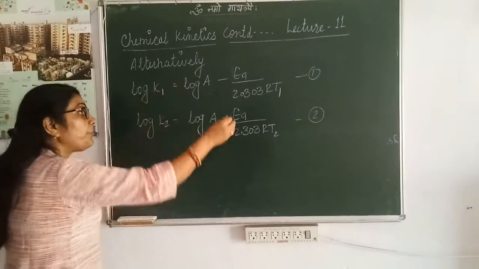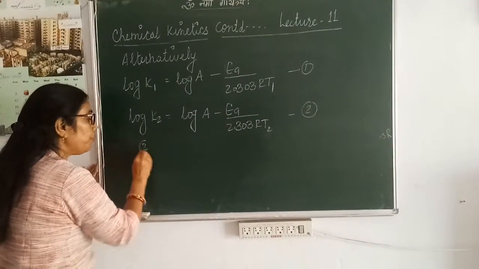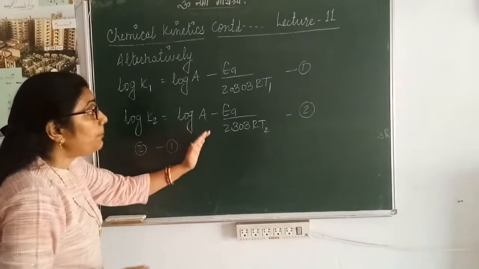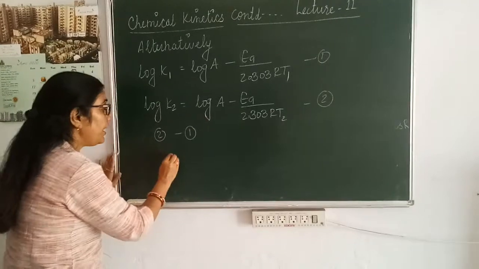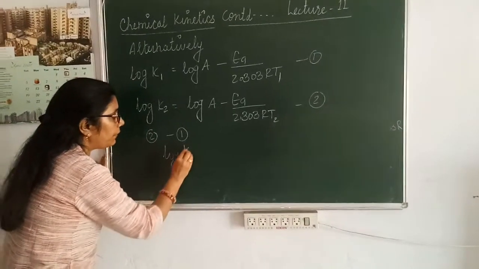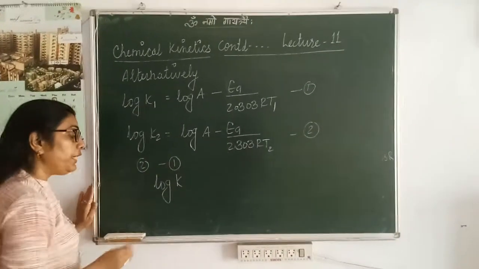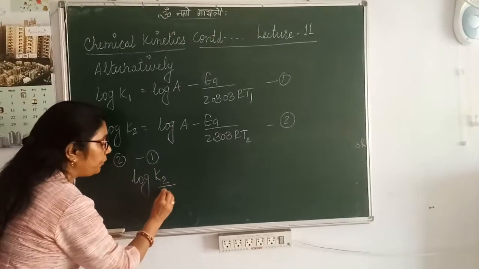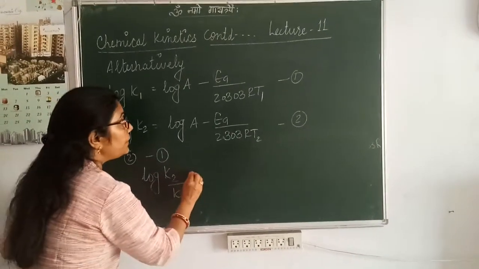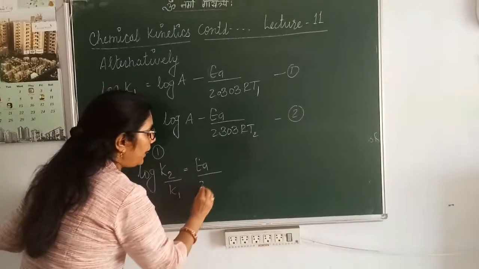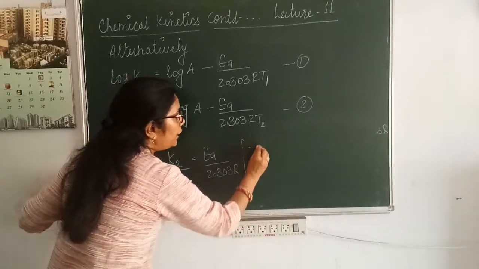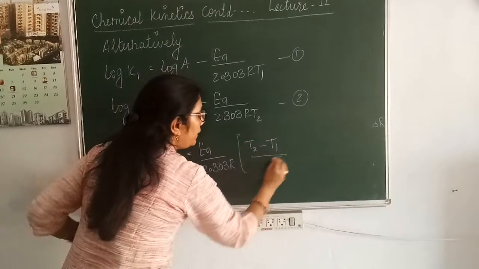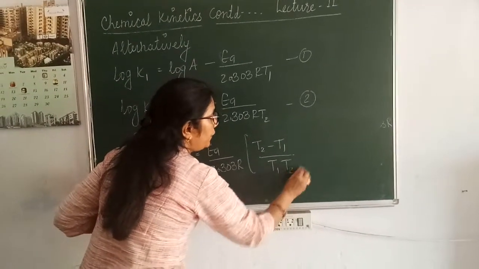If we subtract 1 from 2, then 2 minus 1. When you subtract these two equations, log A gets cancelled and we get log K2 minus log K1. So we can write log K2 by K1 is equal to EA by 2.303 R into T2 minus T1 divided by T1 T2.